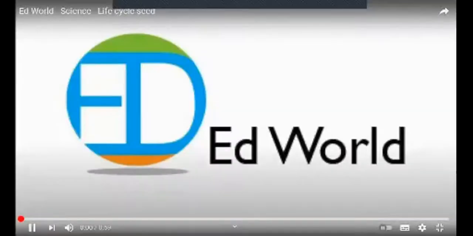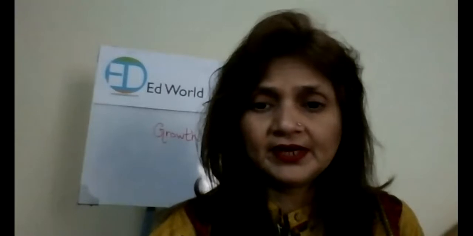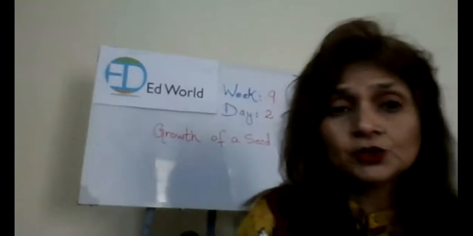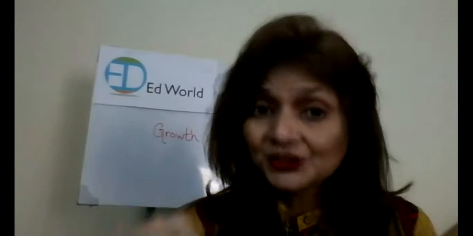Okay, so you saw the life cycle of a seed, right? Now that means you saw how a seed comes out, how a flower or a plant starts growing. You have seen that, right? So first thing that happens is you put a seed in the soil, right?